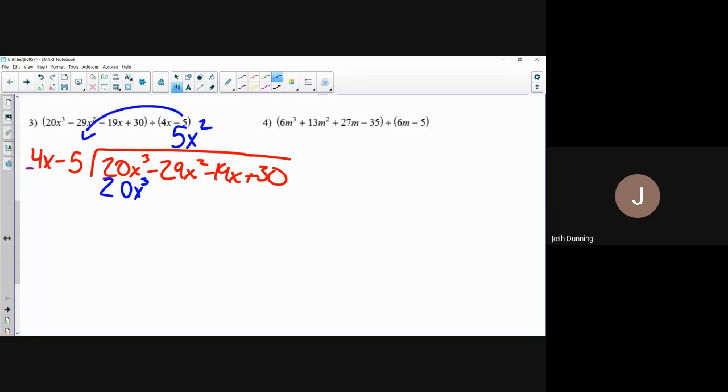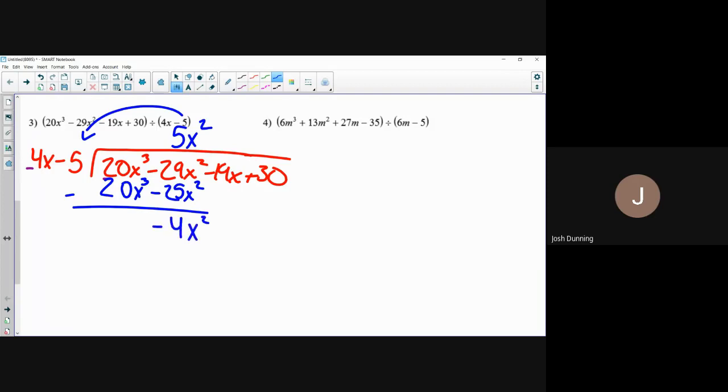Now, like I said, don't draw that arrow. I'm just illustrating it for you. Minus 25x squared. Subtraction, so 20s cancel. But minus negative 25 is plus 25. Negative 29 plus 25 is negative 4.